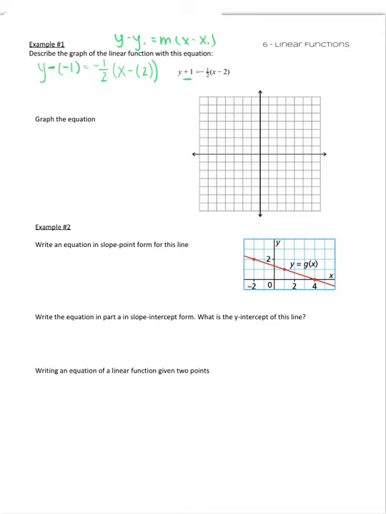So our slope was negative 1/2, and there was a point, which was 2, negative 1, using these two pieces of information here.